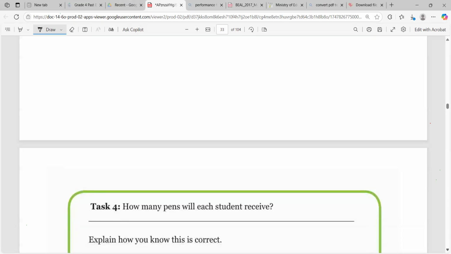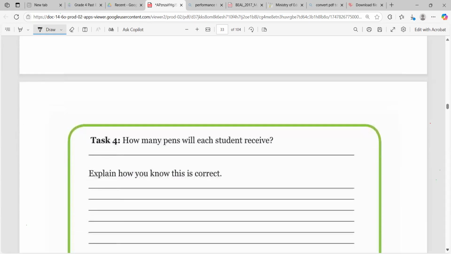So what I did, because it said that there are 3 classrooms, I did 3 into 216, because 216 is the total amount of pens, and I got 72.